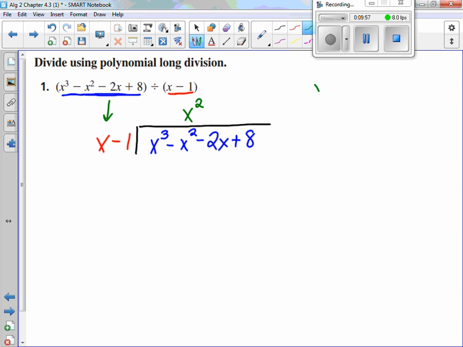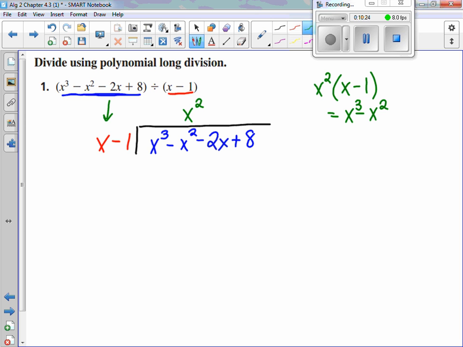Okay, so now we're going to multiply x squared by x minus 1. Well, x squared times x is going to be x to the third, because when the bases are the same, we add the exponents. Now, x squared times negative 1 would be negative x squared.